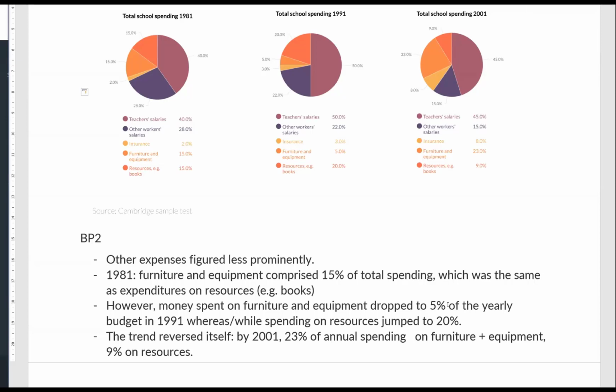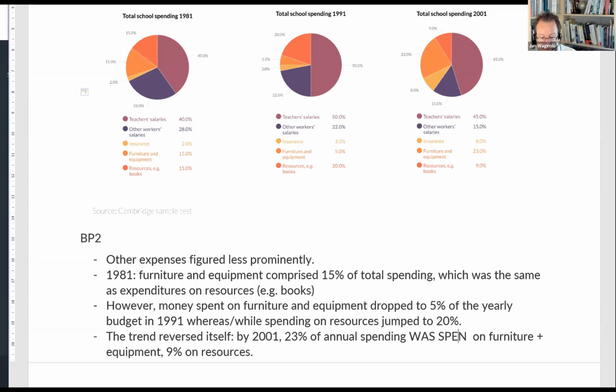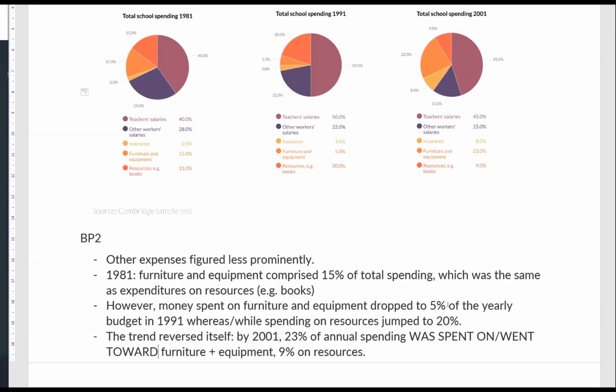Spent. You could say was spent on, or you can just say went toward. Toward furniture and equipment.